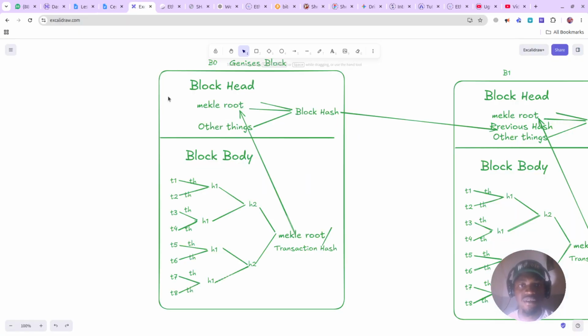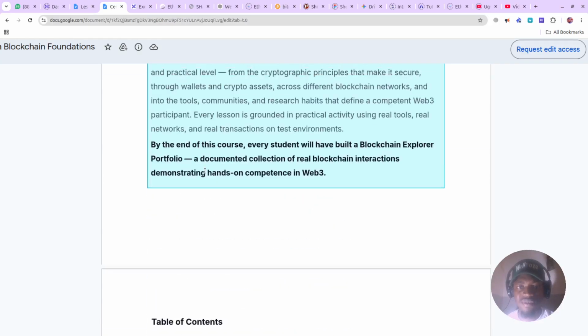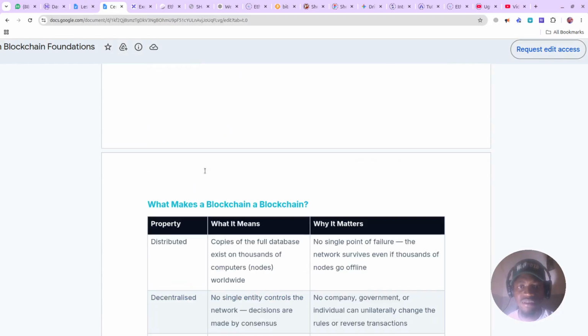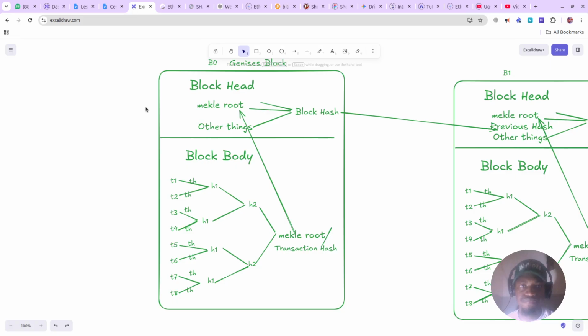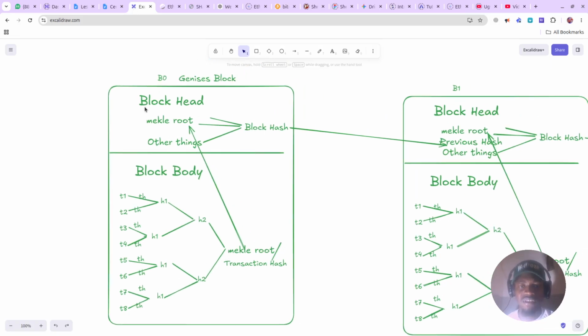Let's understand what happens in a block. Remember, from our definition, we say that a blockchain is a continuously growing list of records called blocks. So it means that in blockchain, there is a list of blocks that are continuously growing.